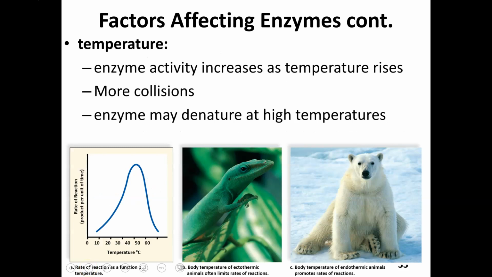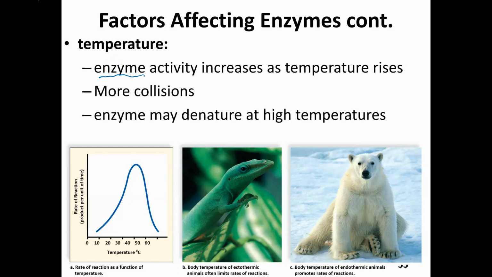So temperature can influence enzymatic activity. All enzymes have specific temperatures they work most effectively at. And so if the enzyme works in a cold environment, they're going to work better in that cold environment.